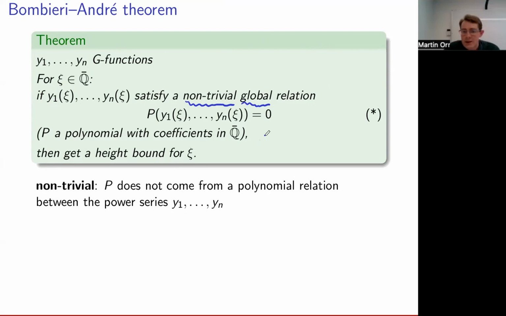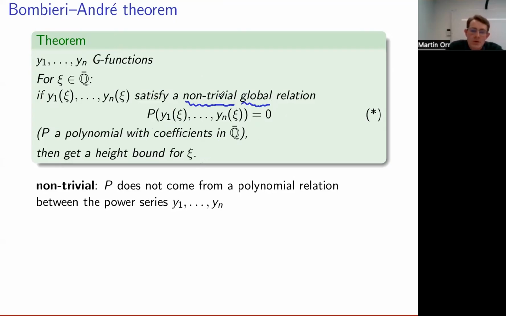So, as I say, you maybe hope to try and prove that some numbers are algebraically independent. That would be saying there don't exist any P's like this at all, that you put these numbers in and get 0. But you can't prove that. What you can prove is you can get a height bound on the size.